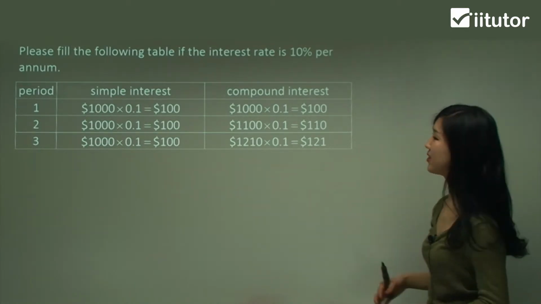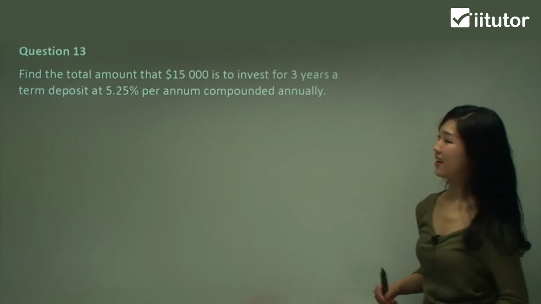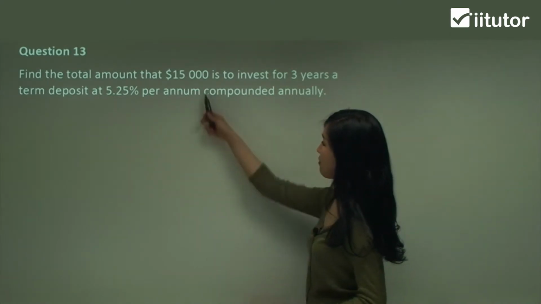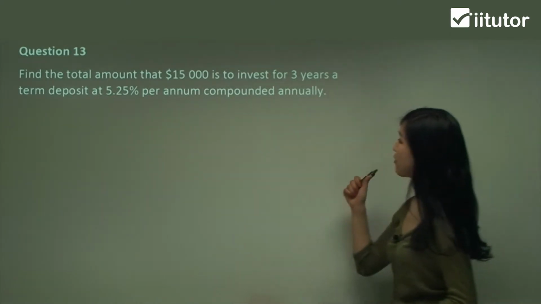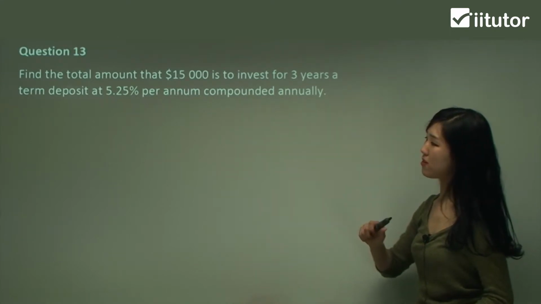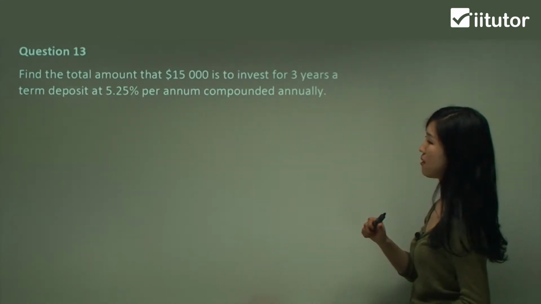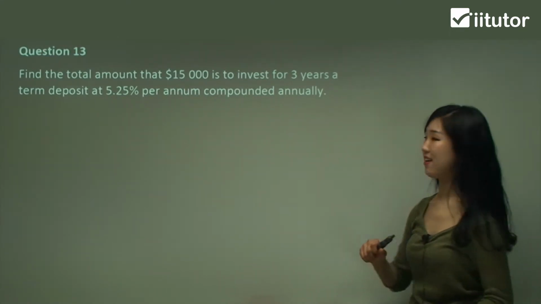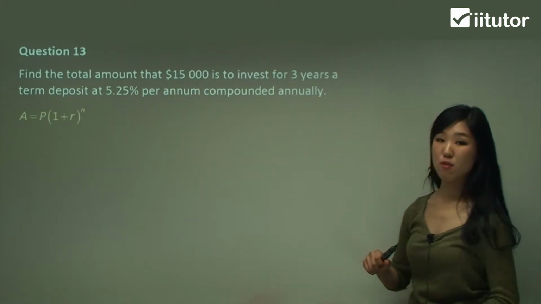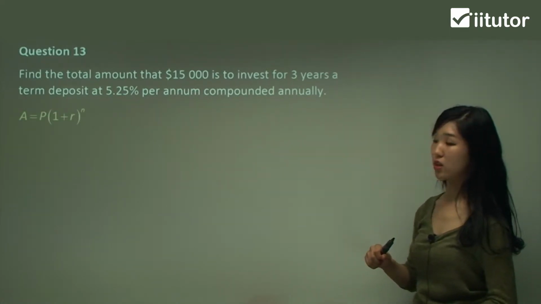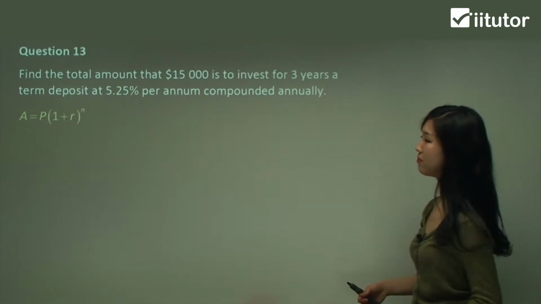All right, let's have a look at question 13. It says find the total amount that $15,000 is to invest for 3 years, a term deposit at 5.25% per annum compounded annually. So we simply use our formula. Have a look at the formula very closely so you can memorize it as we go.